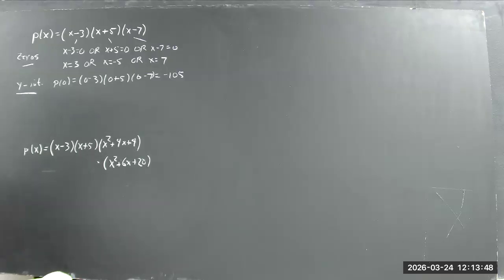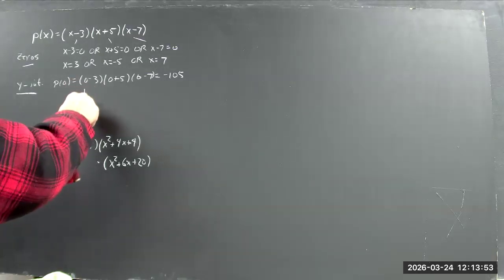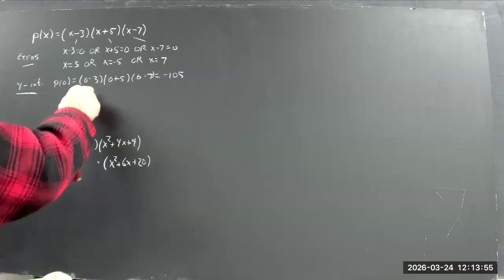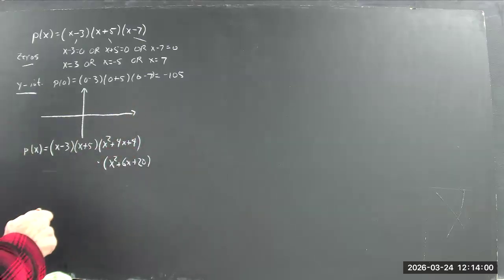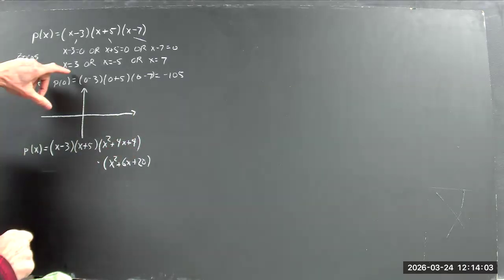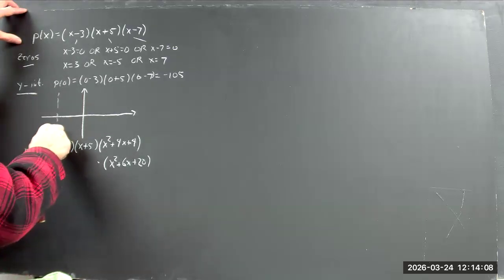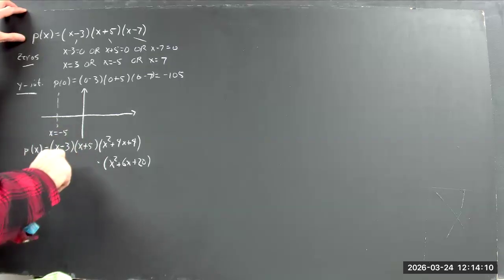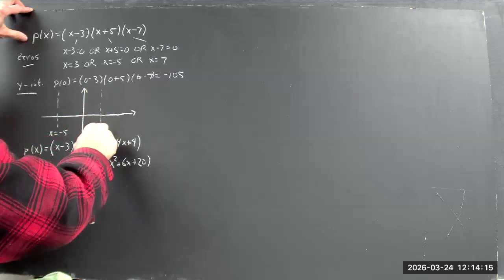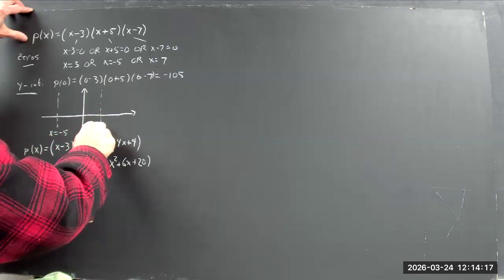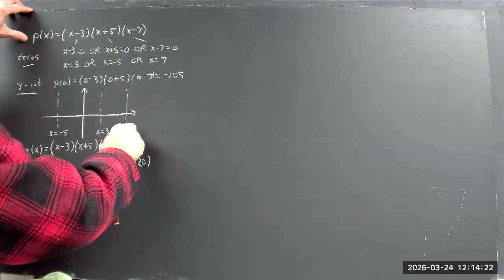So we already know a good bit about the graph. It's 0 when x equals -5. It's 0 when x equals 3. And it's 0 when x equals 7.